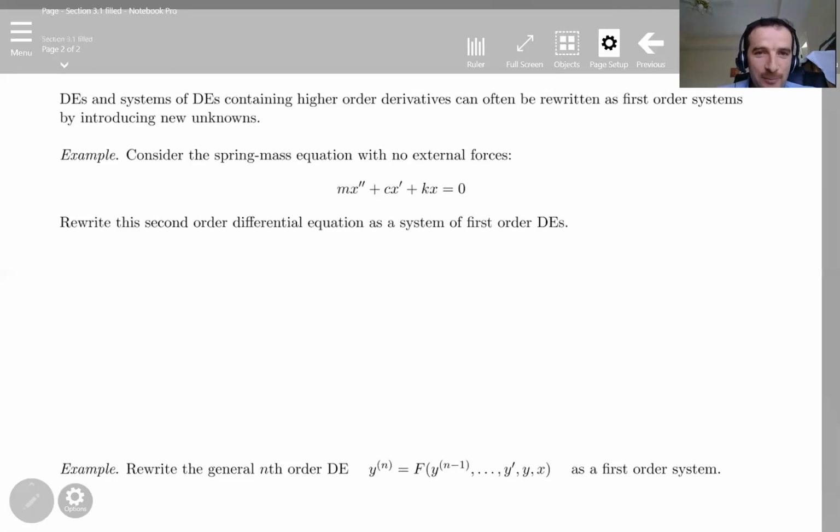Anyway, we can represent higher order derivatives as first order systems by introducing new unknowns. First, let's look at this example. We already know this differential equation, right? It's the spring mass equation with no external forces.